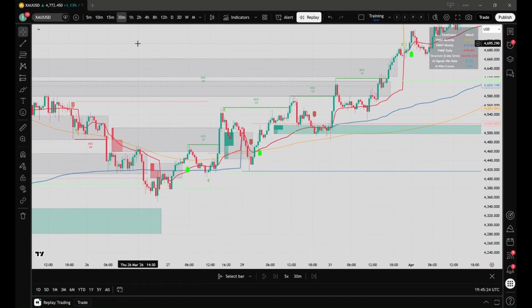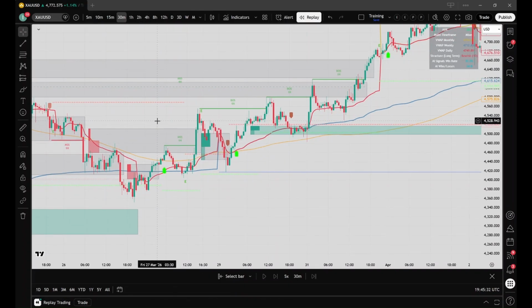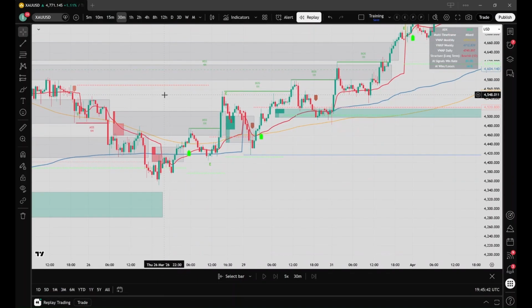Now, the really clever thing about this toolkit is that you don't have to switch over to multiple different timeframes in order to see where the structure is breaking or continuing on each individual time frame. Even if you're on the 30-minute chart, as I am here, you'll see market structure shifts on the 1 hour. You'll also see them from the 4-hour chart.